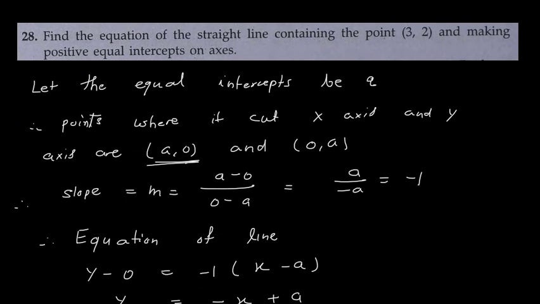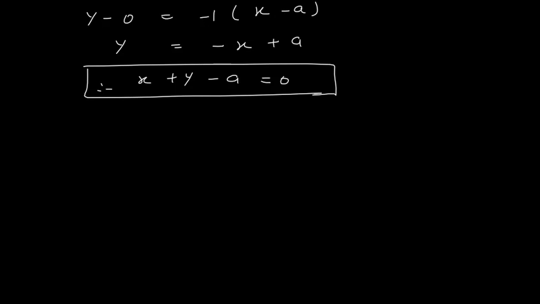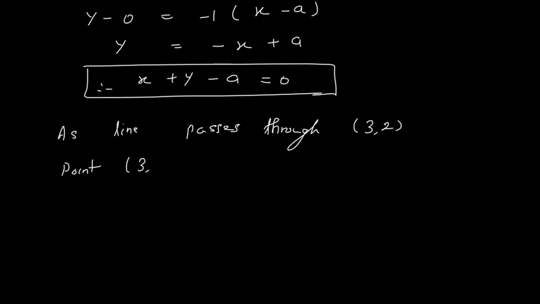Now this line is passing through 3 comma 2. So as line passes through 3 comma 2, the point 3 comma 2 will satisfy the equation.